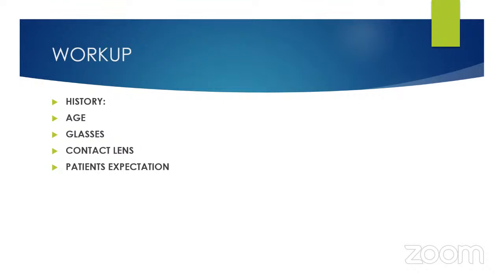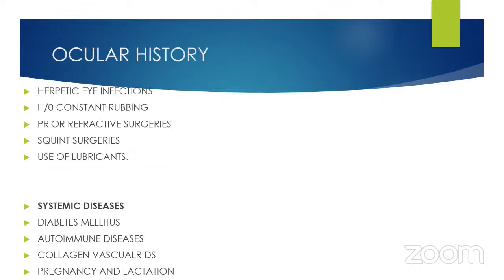Any history of previous usage of glasses is important, to know the stability of the refraction. Any contact lens usage, especially if it is soft lens or a rigid contact lens, is also important because contact lens will alter the contour of the cornea, and also to know the patient's expectations.